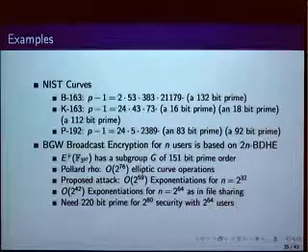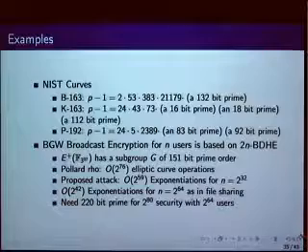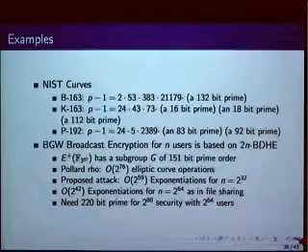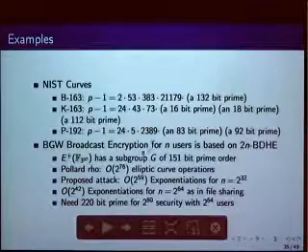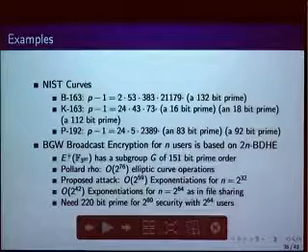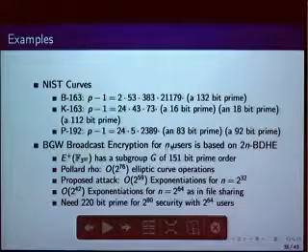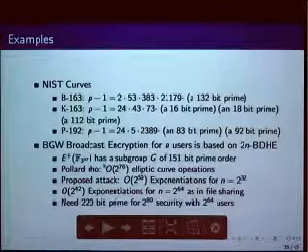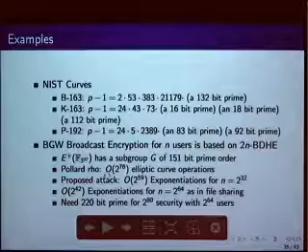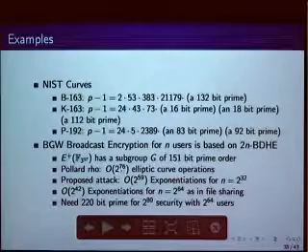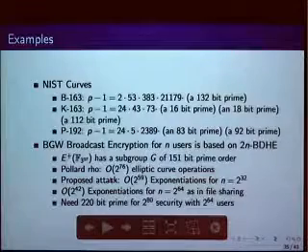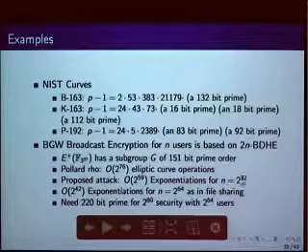And so if we apply this one, for example, to an elliptic curve, for example, in BGW broadcast encryption, they use these elliptic curves, and then by Pollard rho algorithm, the complexity is 2 to the 76 elliptic curve operations, but it is reduced to 2 to the 59 exponentiations when n is 2 to the 32, the number of users.